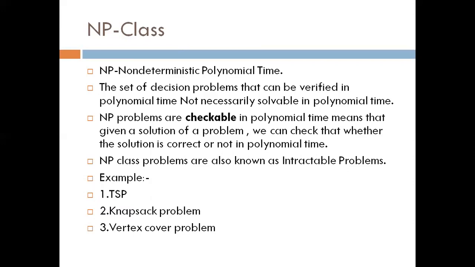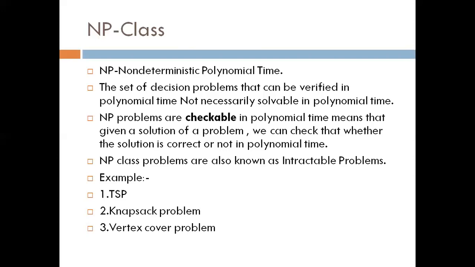It means an NP class problem is not necessarily solvable in polynomial time; it is just verified in polynomial time, that is a non-deterministic polynomial time problem. NP problems are checkable, that is verifiable in polynomial time, meaning that given a solution of a problem, we can check whether that solution is correct or not in polynomial time.